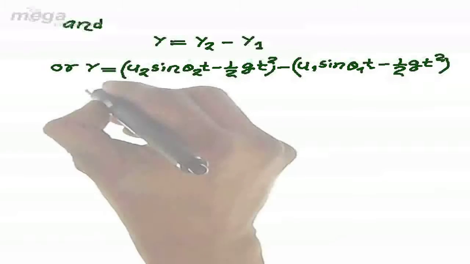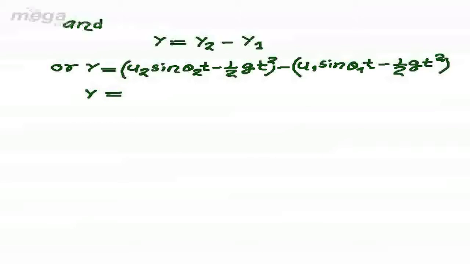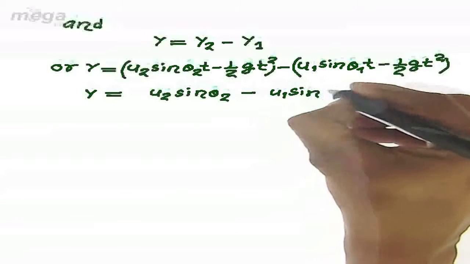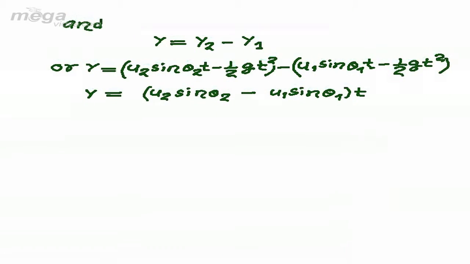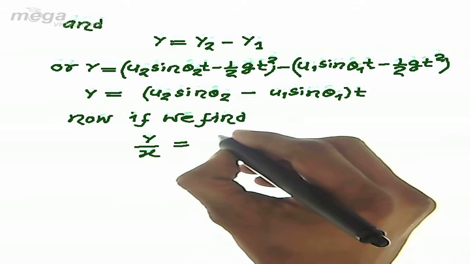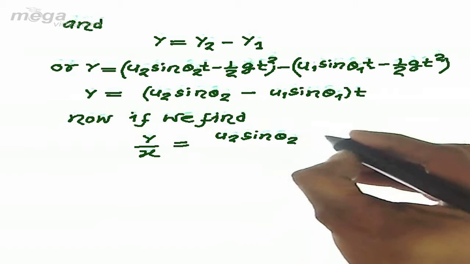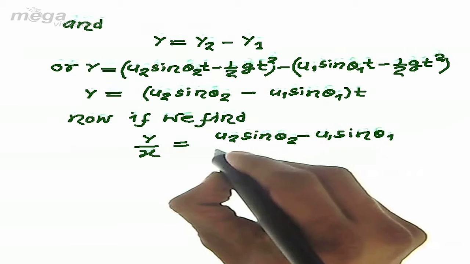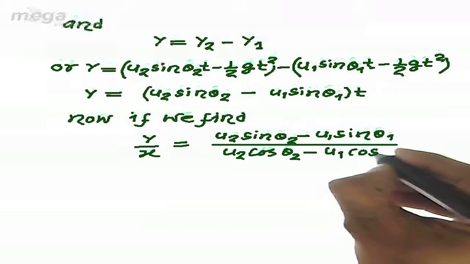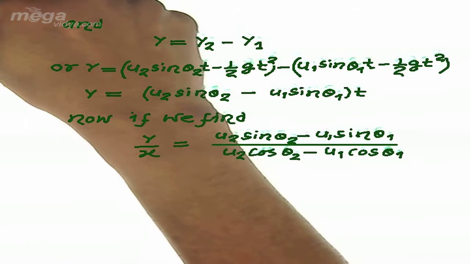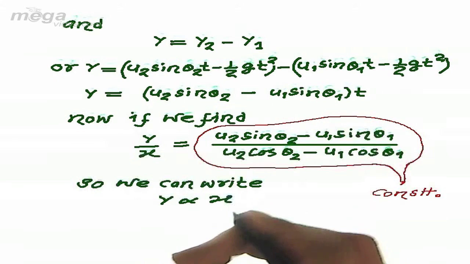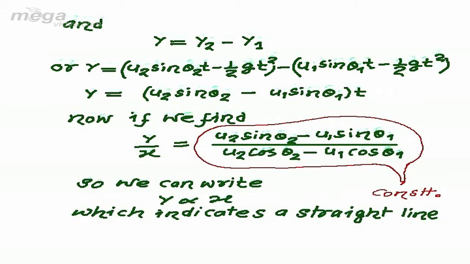While opening these brackets, we get y equal to u2 sin theta 2 minus u1 sin theta 1 multiplied by time t. Now, if we find y upon x, it becomes u2 sin theta 2 minus u1 sin theta 1 divided by u2 cos theta 2 minus u1 cos theta 1, and this result is constant. So we can write y is proportional to x, which indicates a straight line.